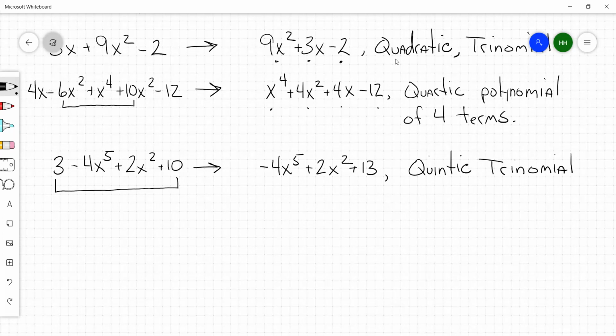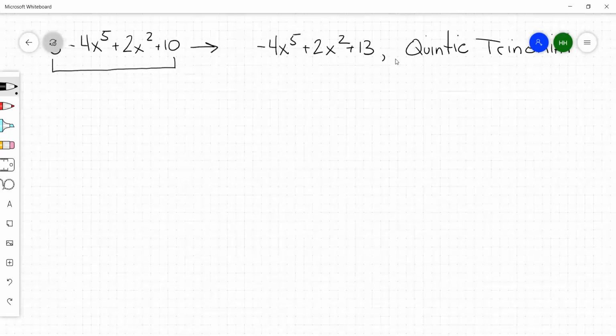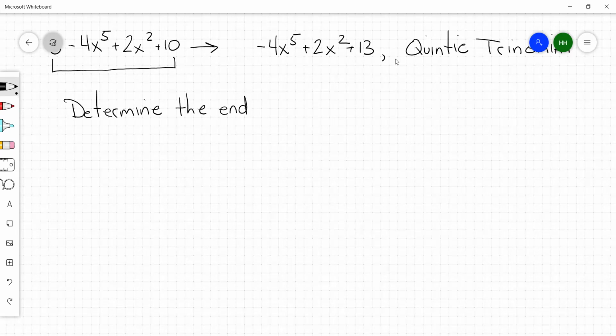All right, in the second part of your assignment today, you're going to be asked to determine the end behavior of each polynomial function.